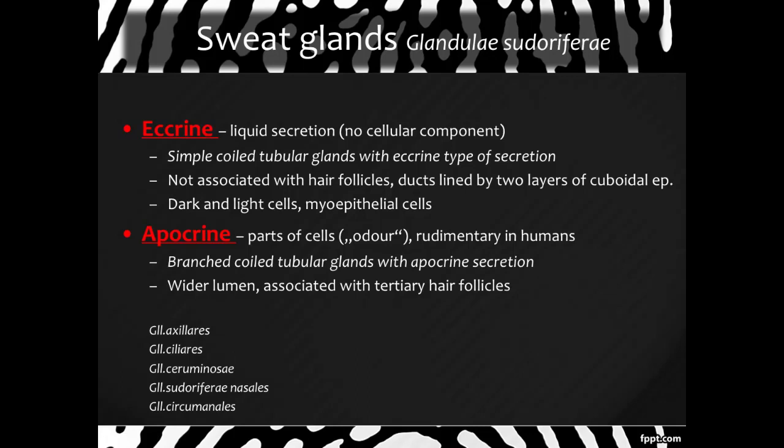There is no cellular component in this secretion. These are simple coiled tubular glands located within the dermis. They are not associated with hair follicles, and their ducts are lined by two layers of cuboidal epithelium, and the secretory unit is composed of dark and light cells and surrounding myoepithelial cells.